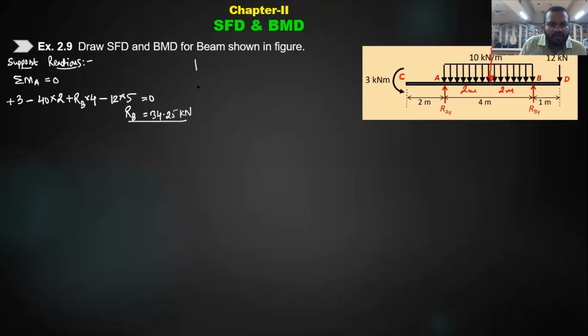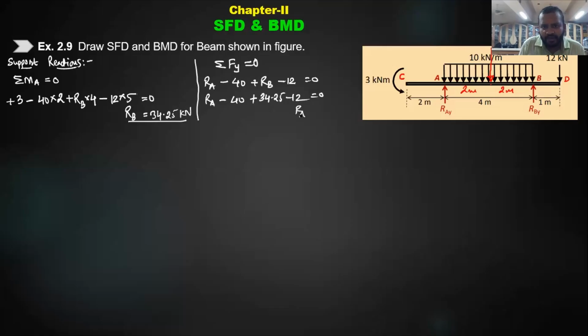Now what next we are going to do is the summation of vertical forces is 0. In the summation of vertical forces you have RA minus 40, that is the downward equivalent of the UDL, plus RB which is going upward, and minus 12, and that has to be equated with 0. You know the value of RB, so minus 40 plus 34.25 minus 12 equals 0.